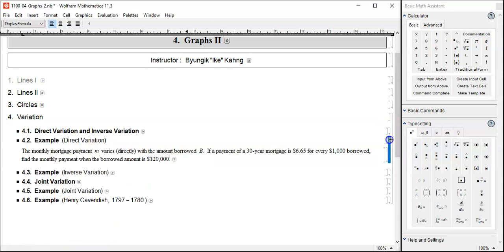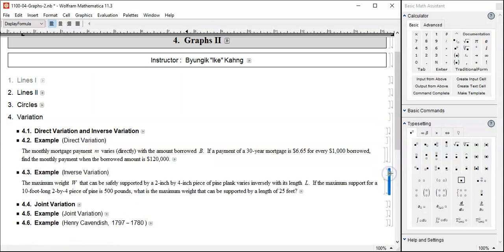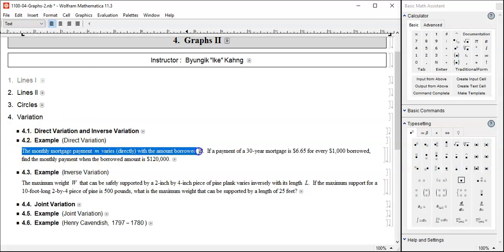And then we went through a couple of example problems. Example problem 1, the monthly mortgage payment M varies directly with the borrowed amount of money B. So it's a direct variation problem. So how do we handle it? If one variable is doubled, tripled, quadrupled, tenfolded, the same goes with the other variable.